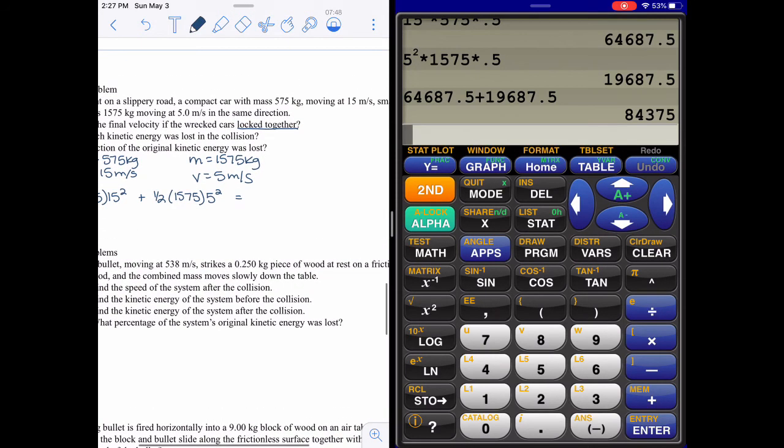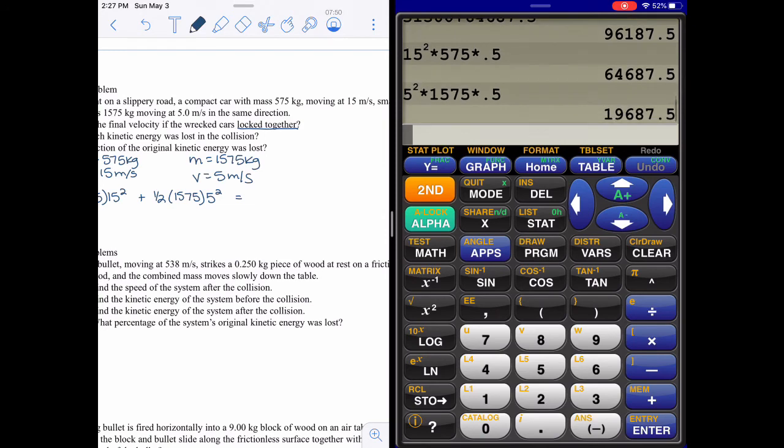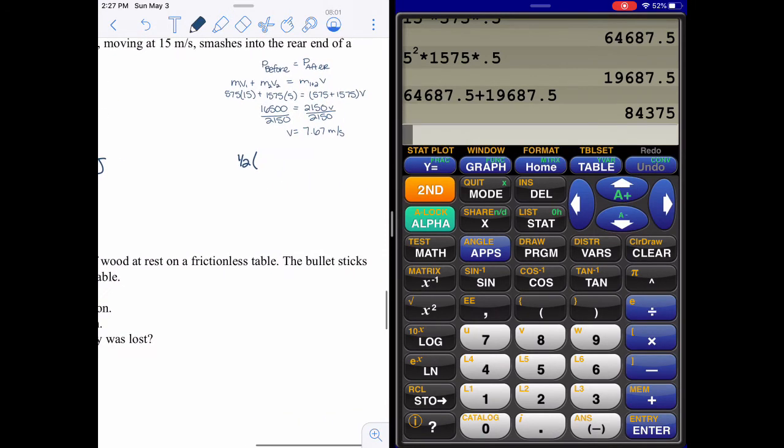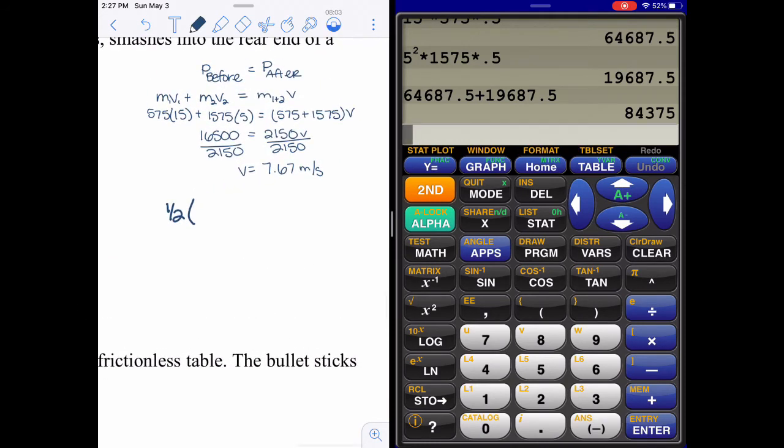I just noticed I had a 0.8 up there instead of 0.5. So I need to do this again. This is our beginning amount of energy. Our ending amount of energy, 1/2 mass, and it's their combined mass again, times their velocity squared.